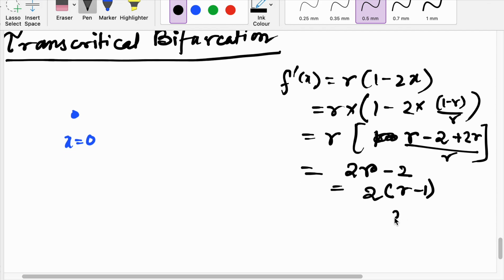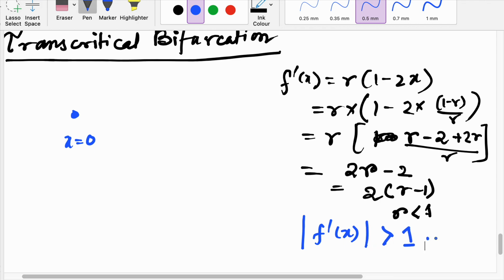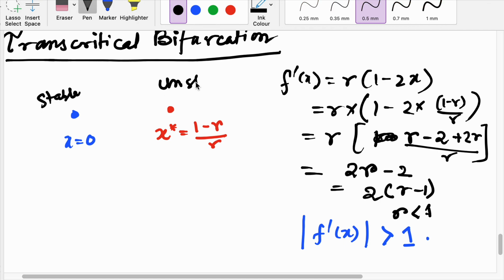So you see, if r is less than 1, then the modulus of f prime x you will find will always be greater than 1. So that means x equal to 0 is stable, and the other fixed point, x star equal to (r minus 1) by r, is unstable for r less than 1.